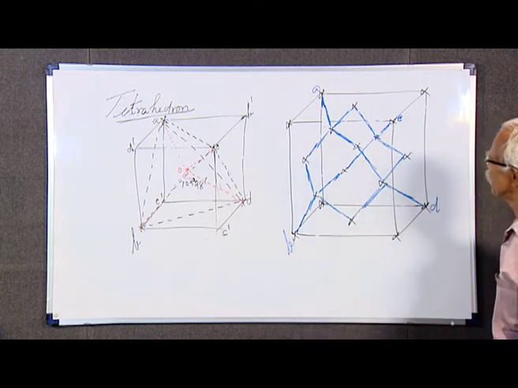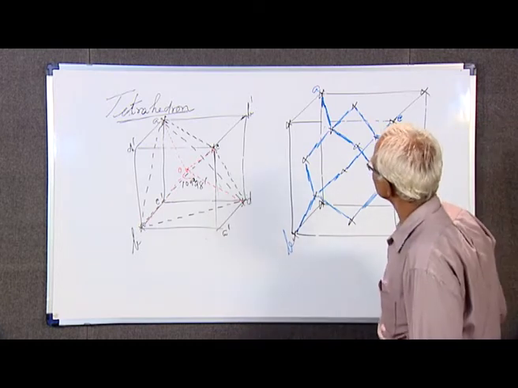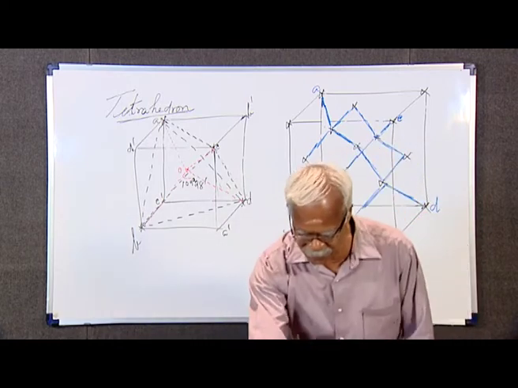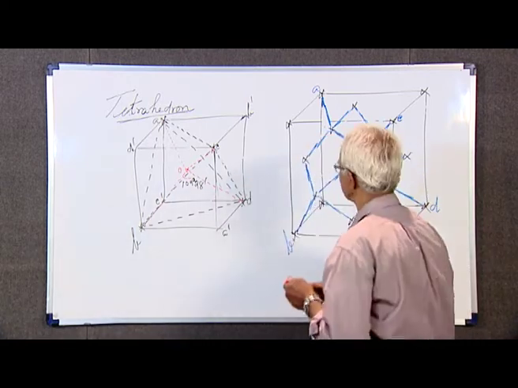This is the diamond structure. Each of these is making an angle 109 degrees 28 minutes.